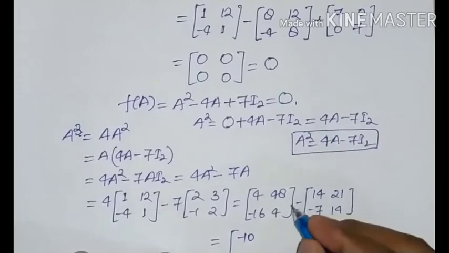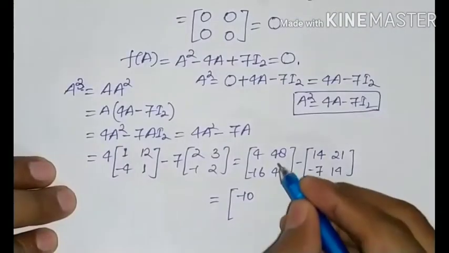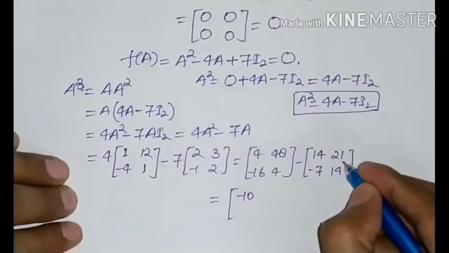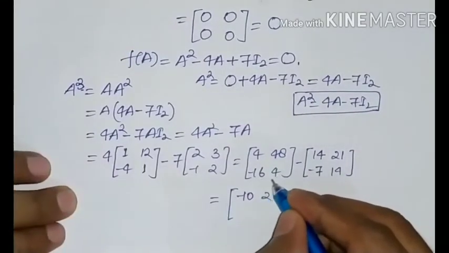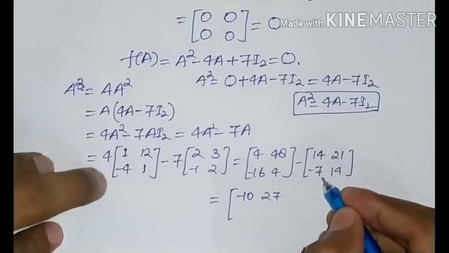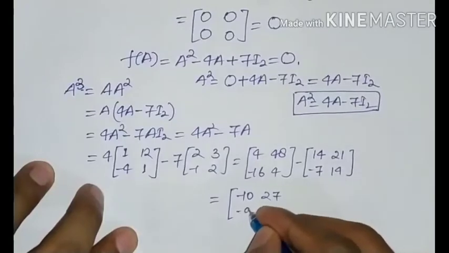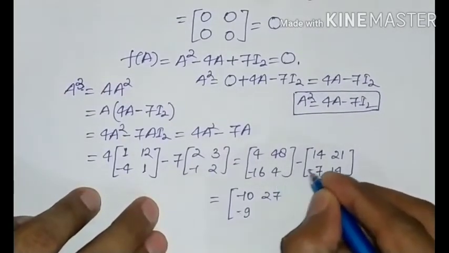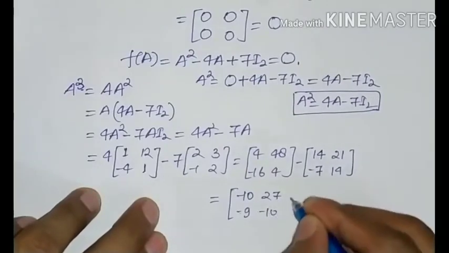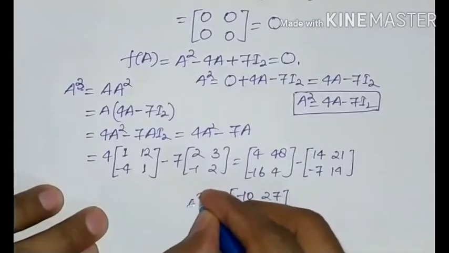Minus 10, and 48 minus 21 will be 27, and minus 16 plus 7 will be minus 9, and 4 minus 14 will be minus 10. Okay, this is the value of a cube.